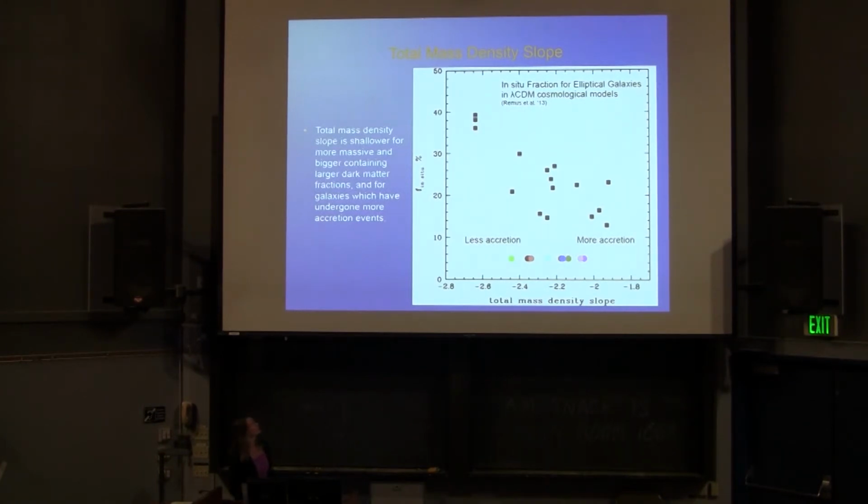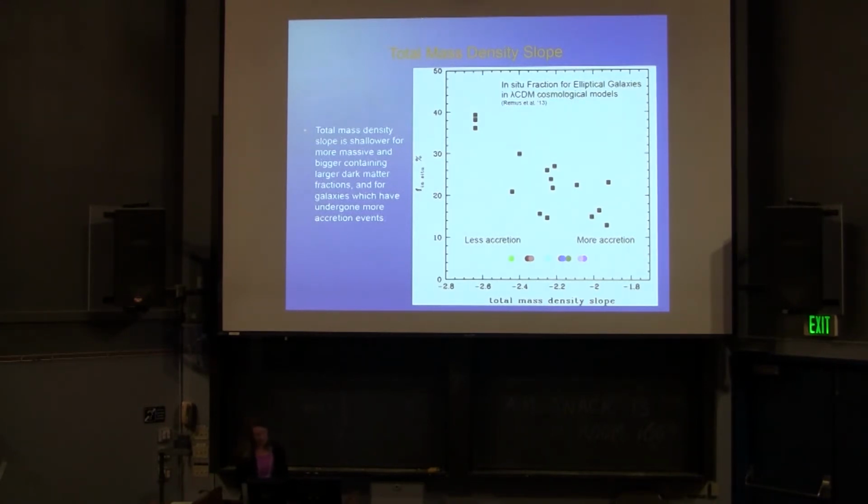We can also obtain more information using the total mass density slope. Recent cosmological simulations by Remus et al. have actually found very similar results to what we find observationally within our SLUGGS sample of dynamically determined masses.